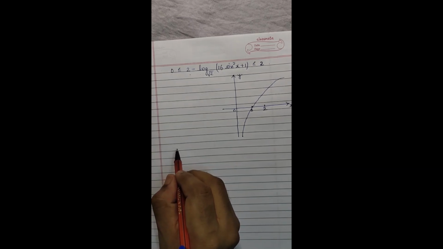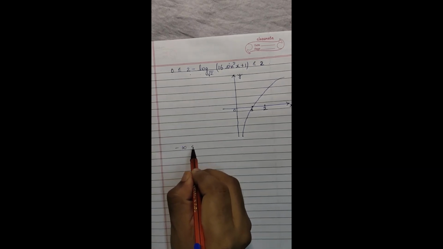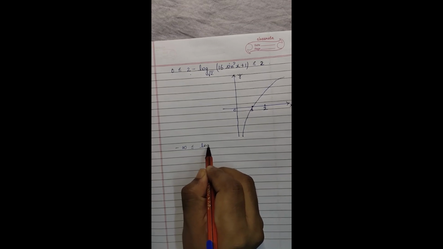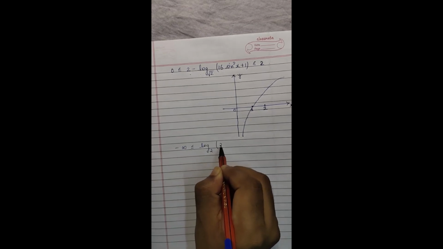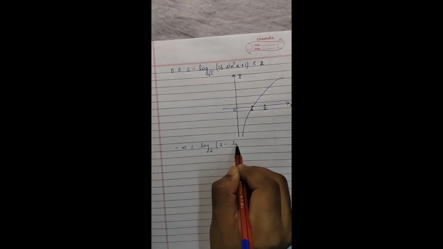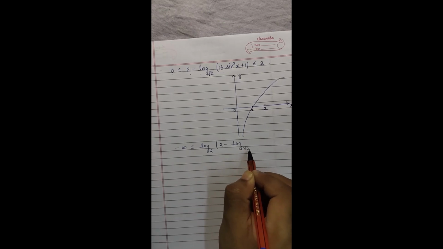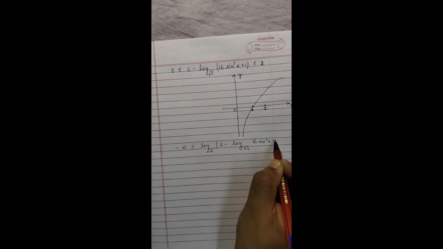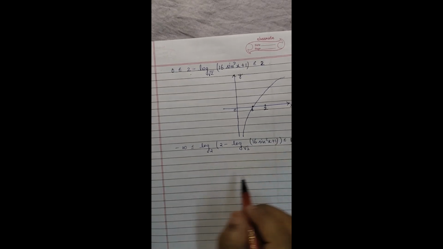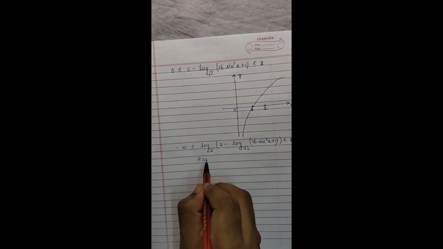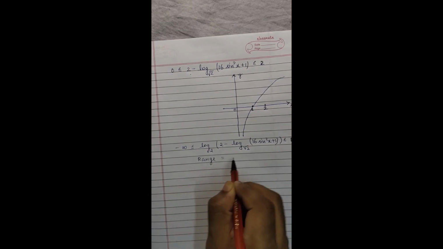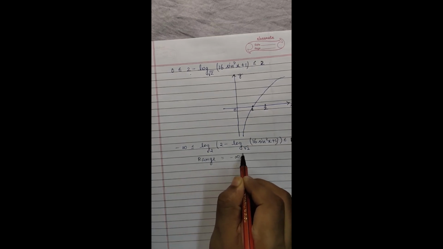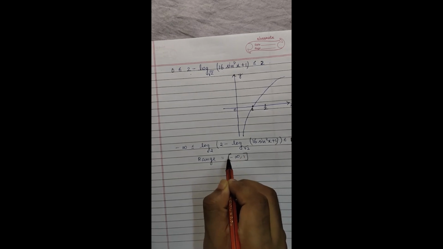Hence the range becomes minus infinity to log base 2, 2 minus log base root 2 16 sin square x plus 1 less than equal to 1. Hence the range is equal to minus infinity to 1.